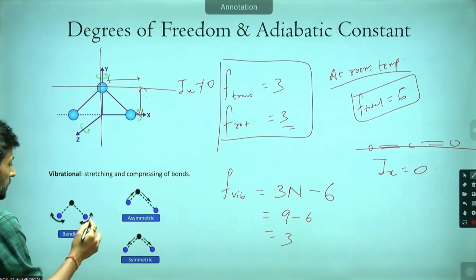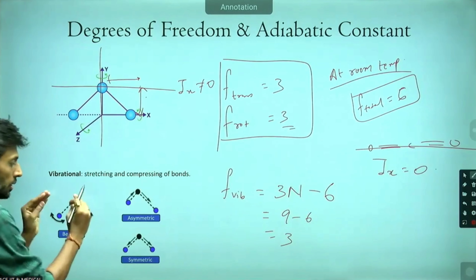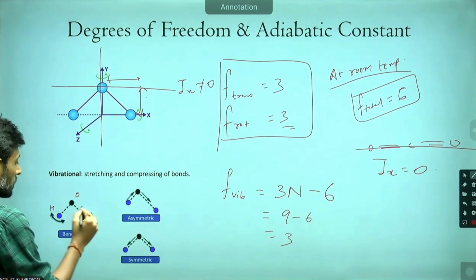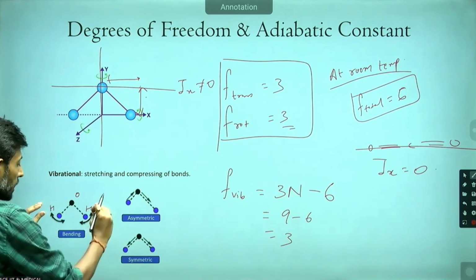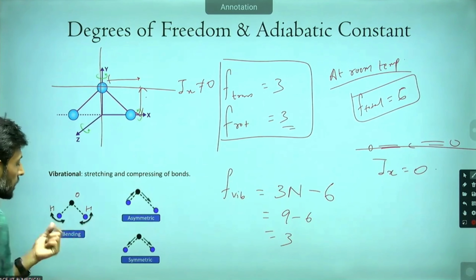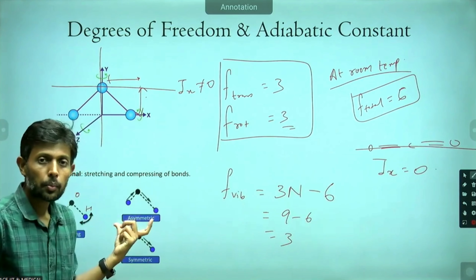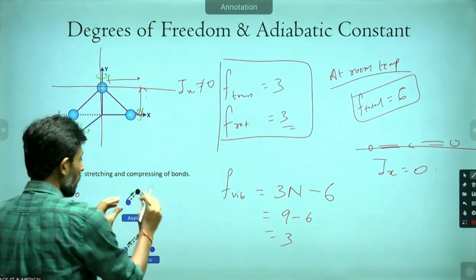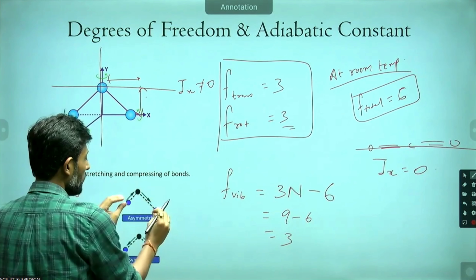Okay, let's say this is oxygen, this is hydrogen, this is hydrogen. In one mode, the hydrogen atoms are bending, like swinging like this. That is one mode. The other mode is asymmetric stretching and compression of the bonds. These are the 2 hydrogen atoms.